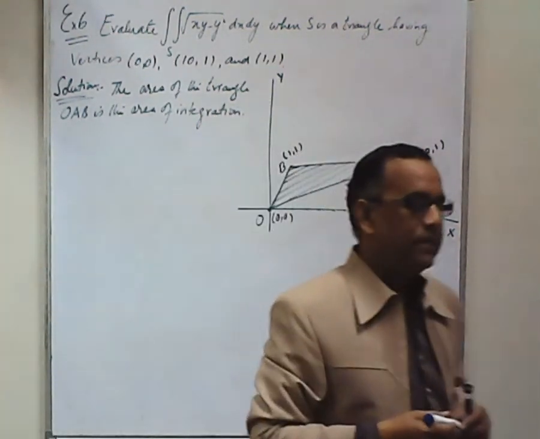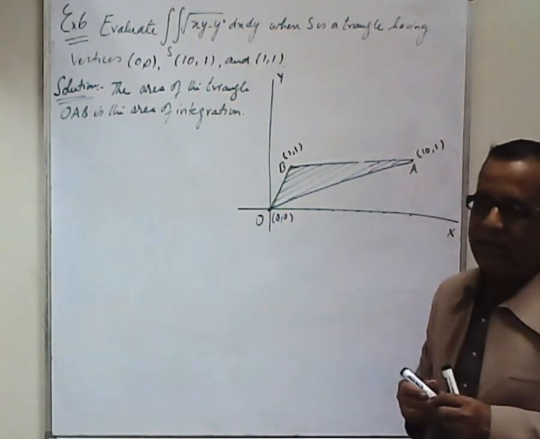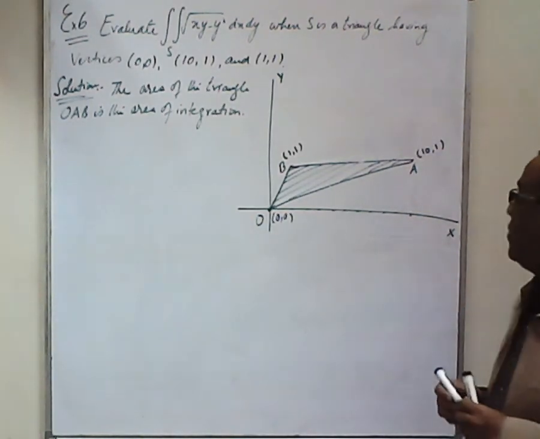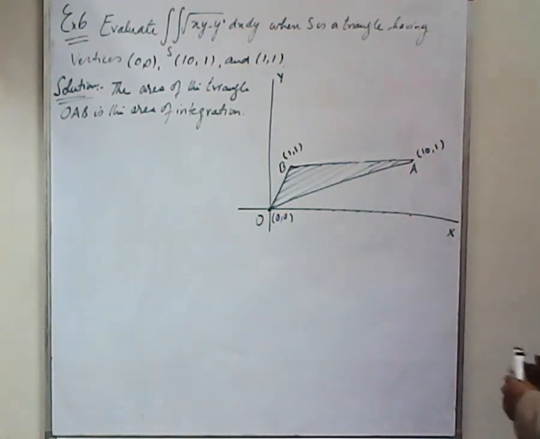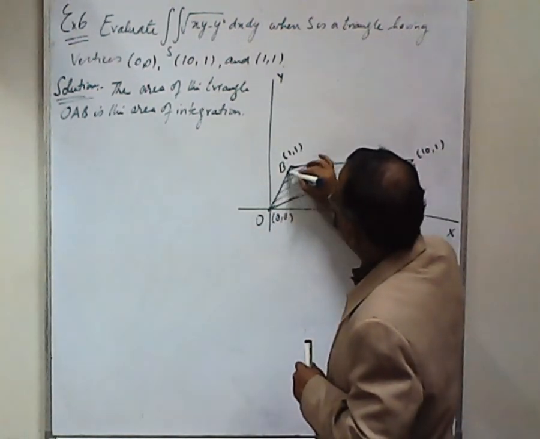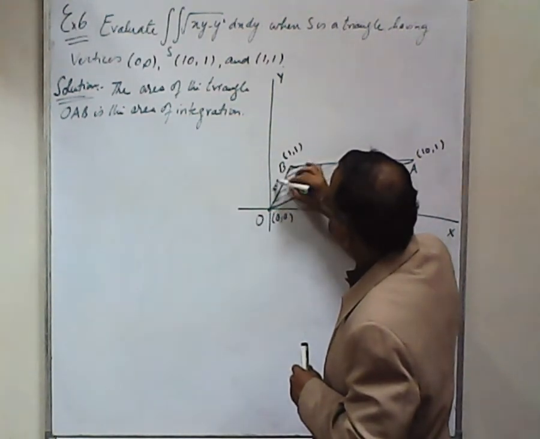So what we said, the area of the triangle is the area of integration. Now it is important that we find the equations of the lines. If we go along this line, this will give you x equal to y.